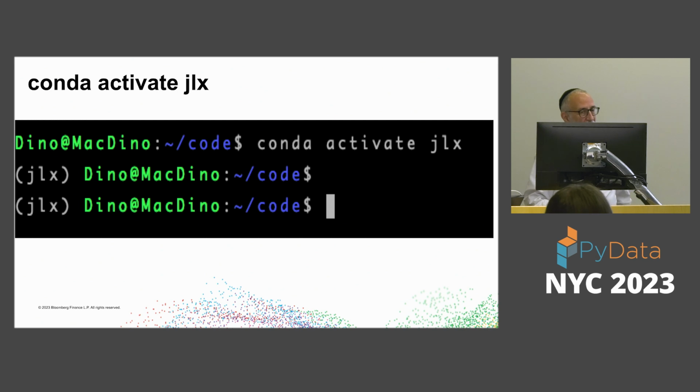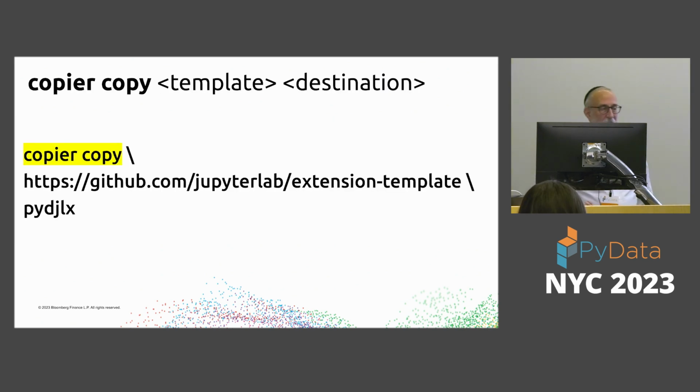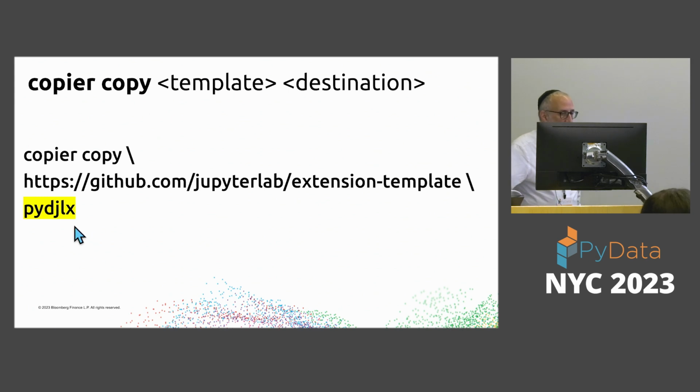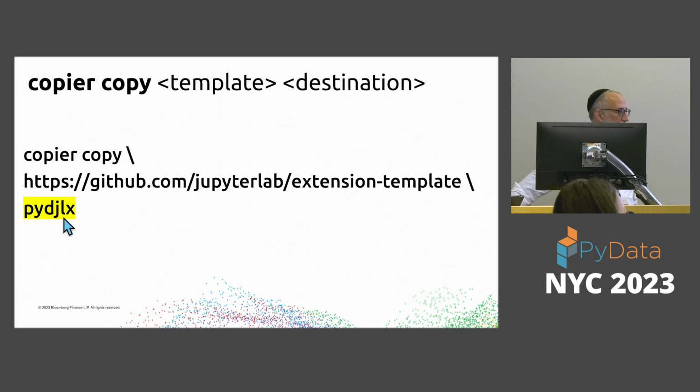After you create your Conda environment, you activate it, called conda activate, and now we're ready to start creating our extension from the template. So the syntax is copier copy, and then the template and the destination. So we're going to call copier copy. Our template is on GitHub, JupyterLab extension template, and I'm naming our extension PYDJLX, stands for PyData JupyterLab extension.